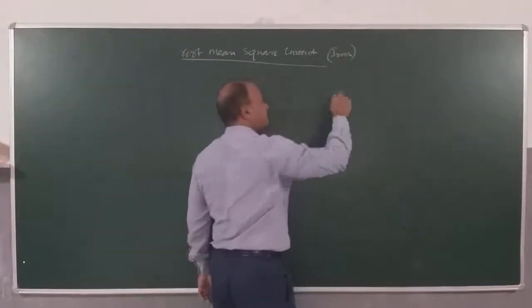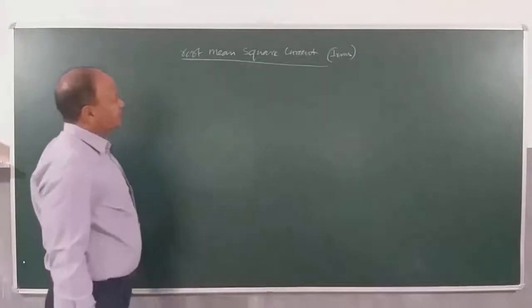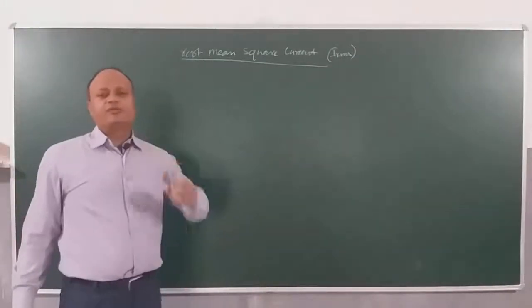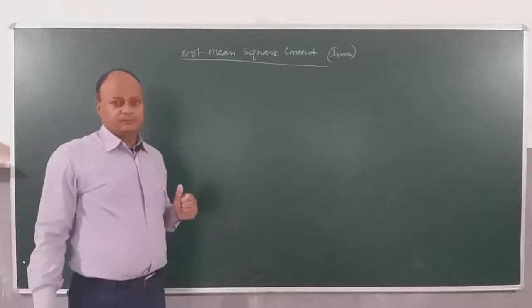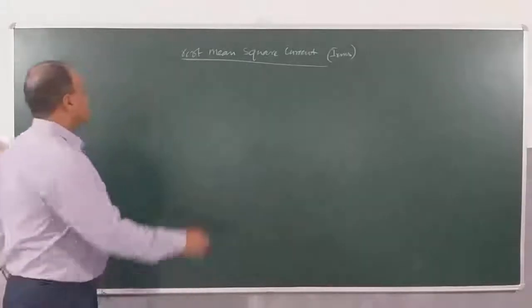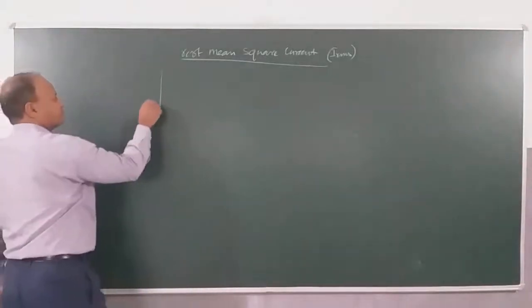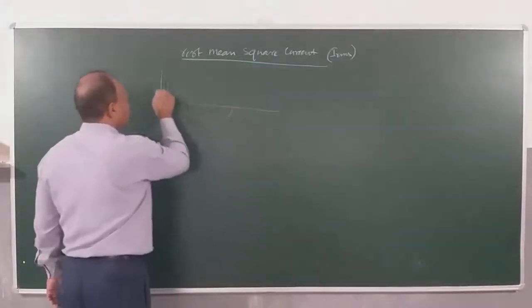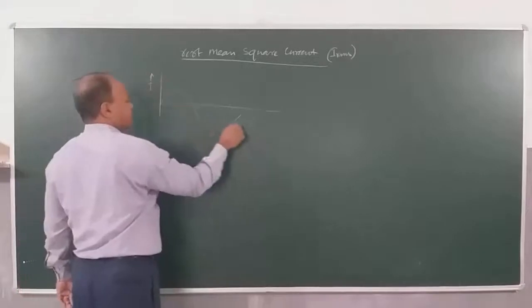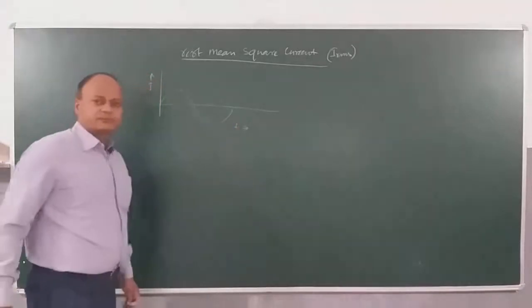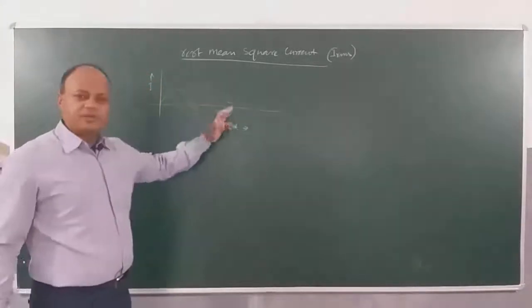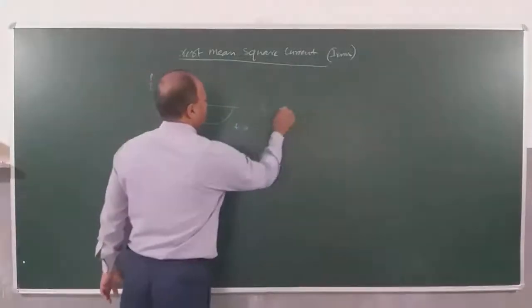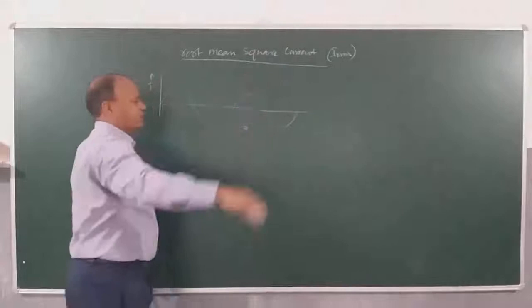Children, as the name implies, root mean square current is actually the mean value of AC. Right? Let's understand this. This is AC. This is current and this is time. And from here to here it is one complete cycle. Again the next cycle will commence like this and this is how it is going to go on.